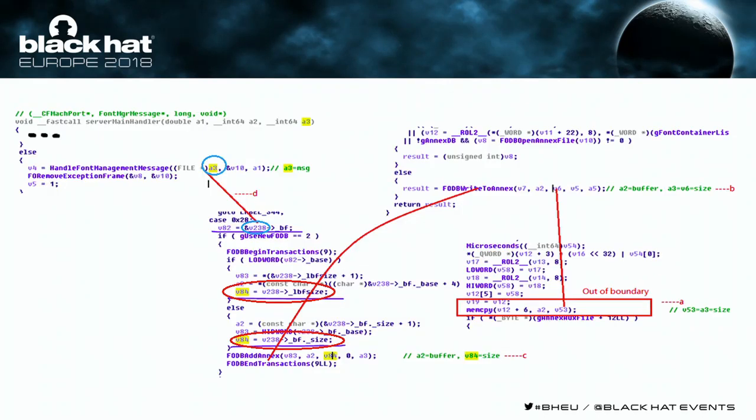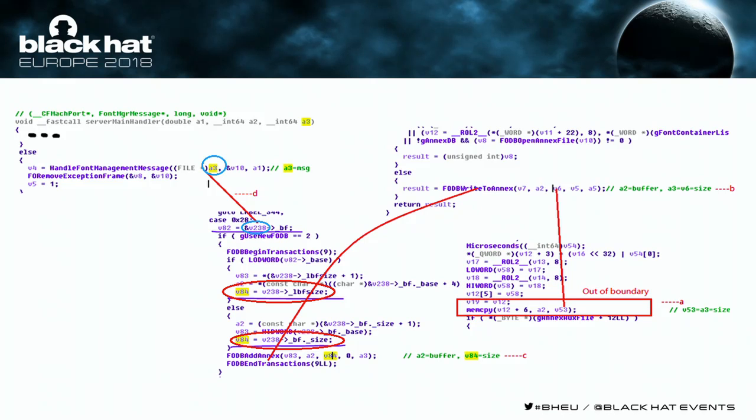This is the root cause analysis. In place A, we can find that v53 is the copy size and equals a3. In place B, we can see that a3 equals v6. Backtracing in place C, we found that v84 is the size value and gets its value from v238.